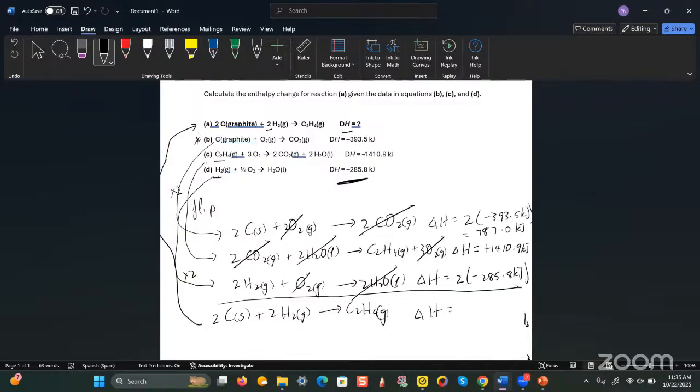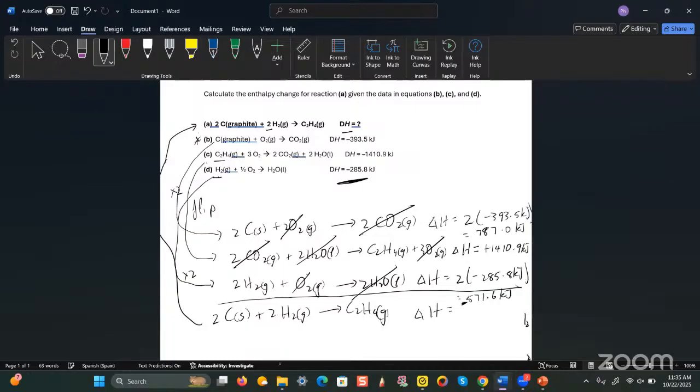Oh, let me work out this here. 2 times minus 285.8, and I got 571. So this here, I'm just going to squeeze it here. This will be equal to, let me put it down here, minus, very important, minus 571.6 kilojoules.